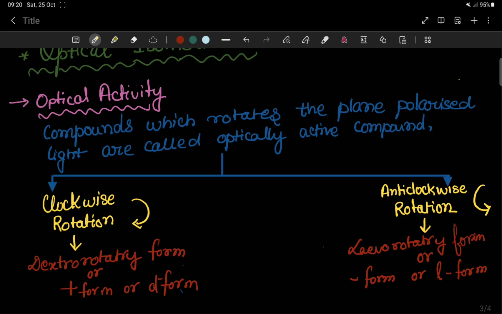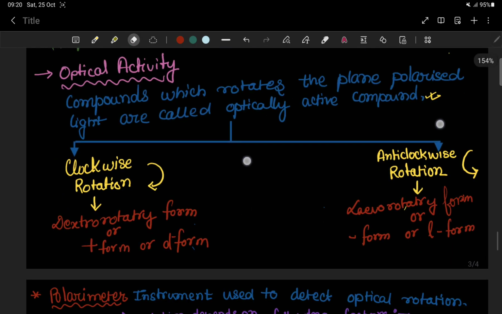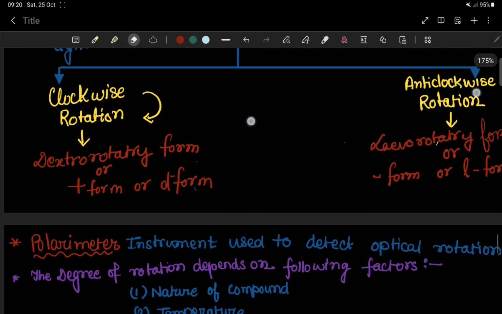Compounds which rotate the plane polarized light are called optically active compounds. You have studied this experiment in your +2, that plane polarized light is passed through a compound, and if this compound can rotate it, it is called an optically active compound.